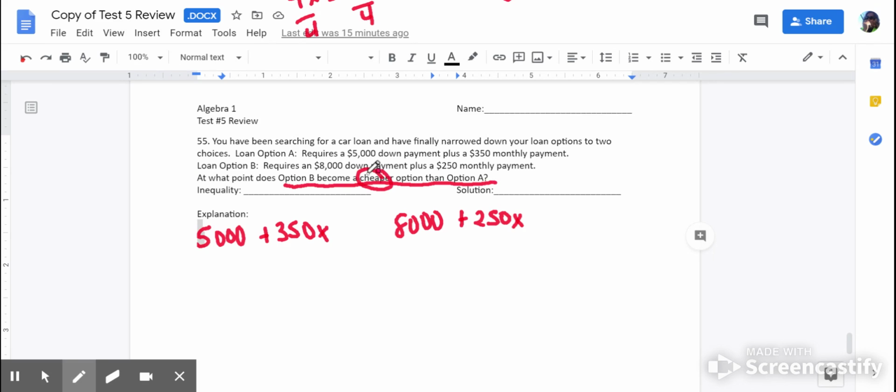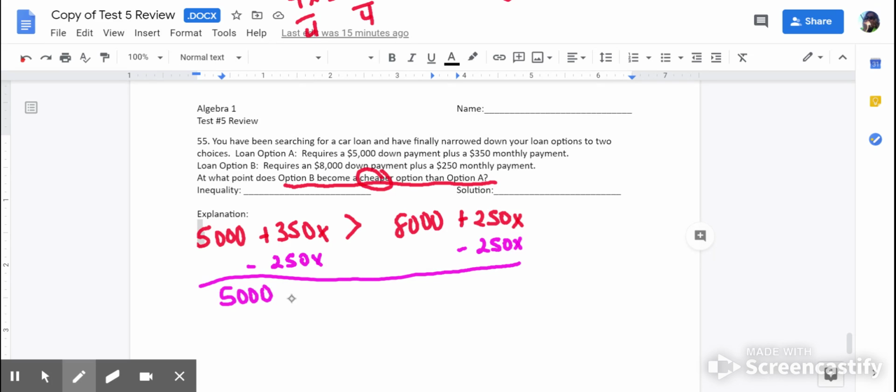So if we want option B, which is on this side, to be less than option A, the sign that actually goes there is greater than, because option A was listed first. At this point, all we want to do is solve this inequality. So I'm going to subtract 250x from each side. I'm left with 5,000 plus 100x is greater than 8,000.